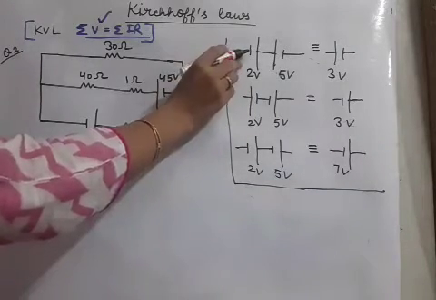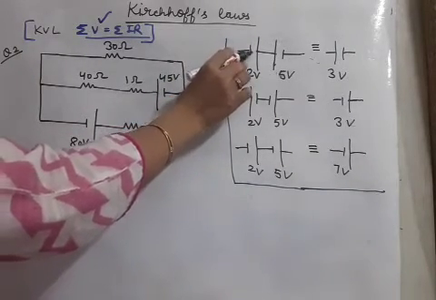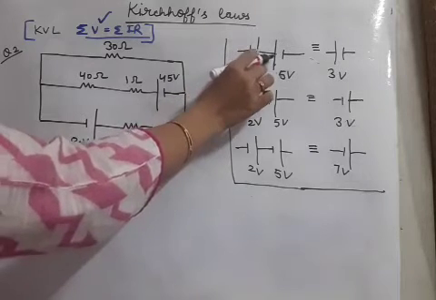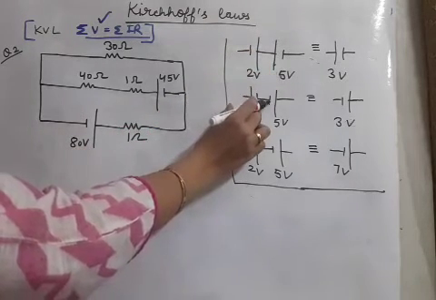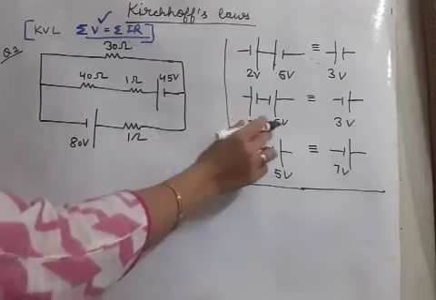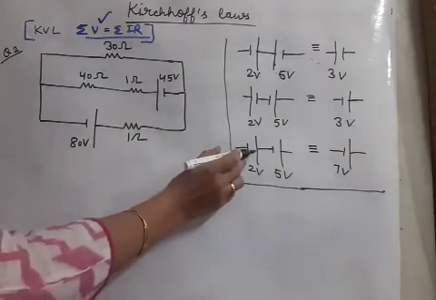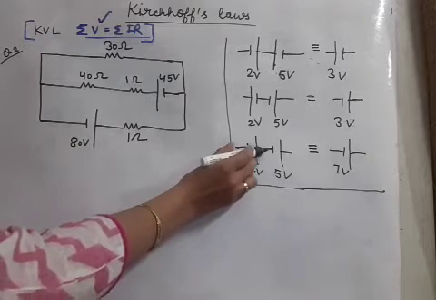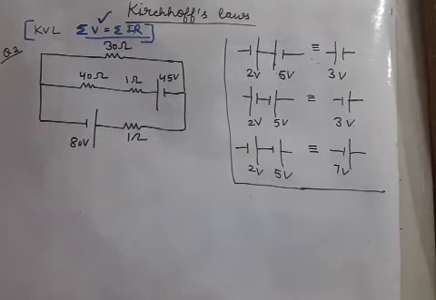Meaning is, when two batteries are connected in such a manner that their same terminal is facing each other, positive to positive or negative to negative, that means their voltages will be subtracted. And if positive of one is facing the negative of another, that means opposite terminals are connected together, then they are added.